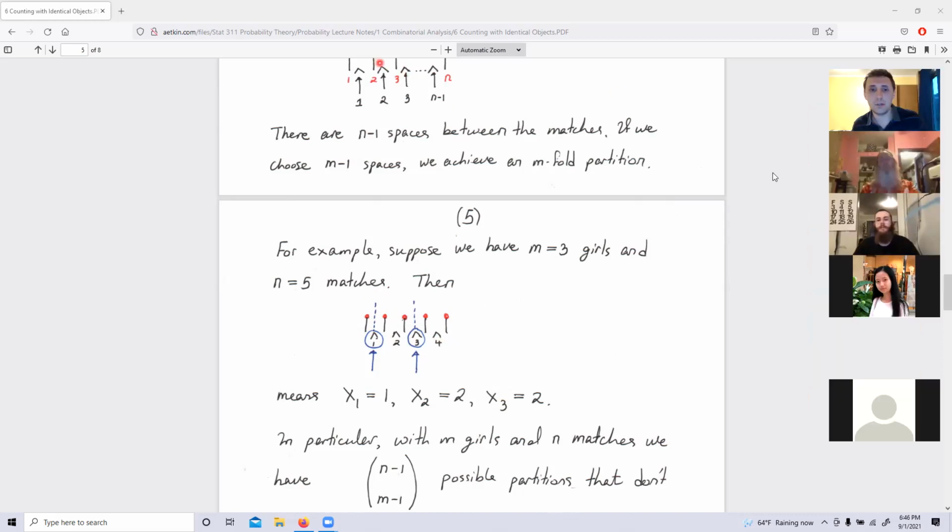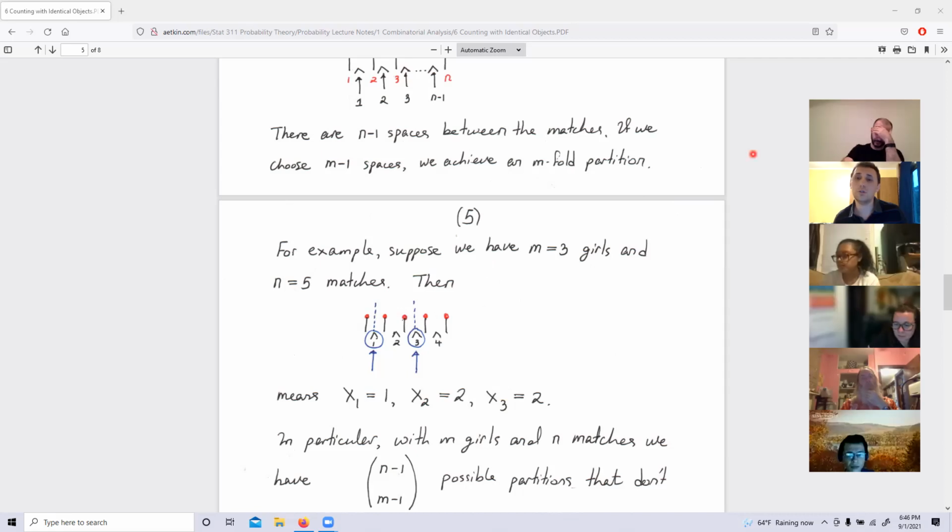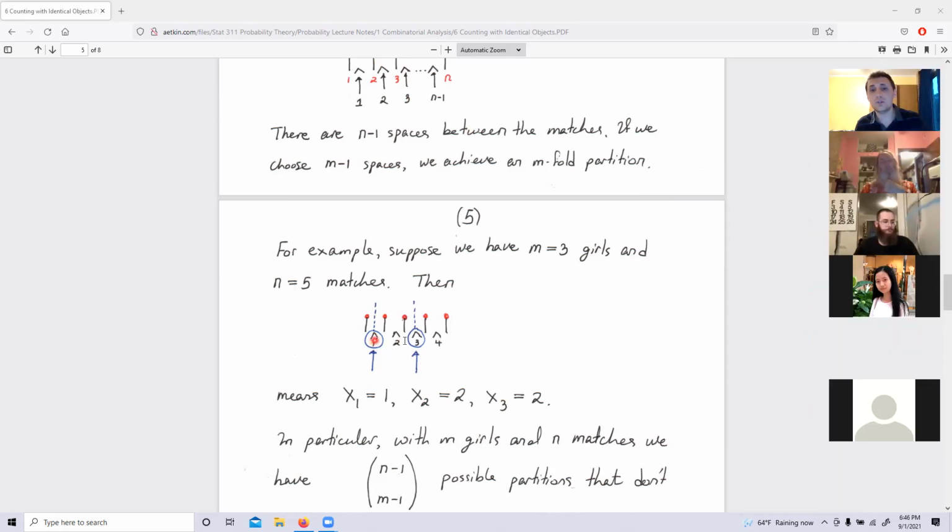Yes. So here's what happens. If I select space 1 and space 3, that means that girl number 1 gets 1 match, girl number 2 gets 2 matches, and girl number 3 gets 2 matches. You agree? So that also corresponds to a solution, but now specifically to the problem where each girl has to get 1 match. And so I can say choose 2 out of 4 spaces.